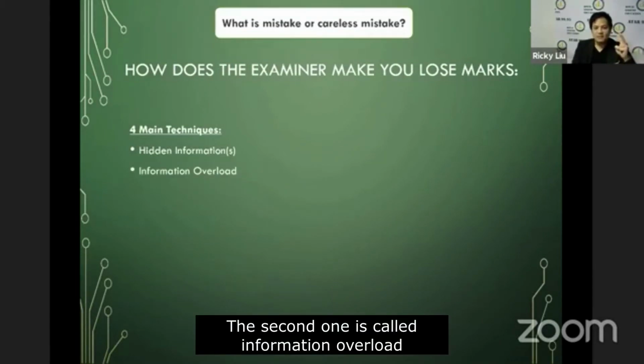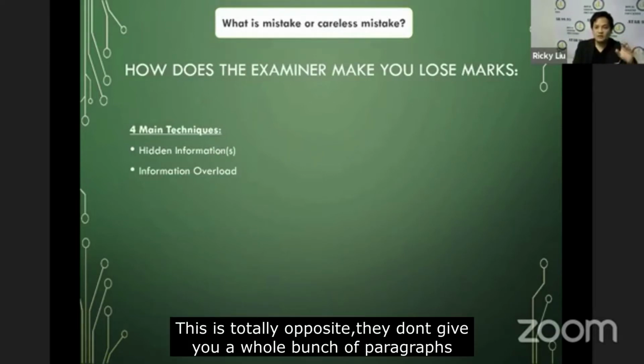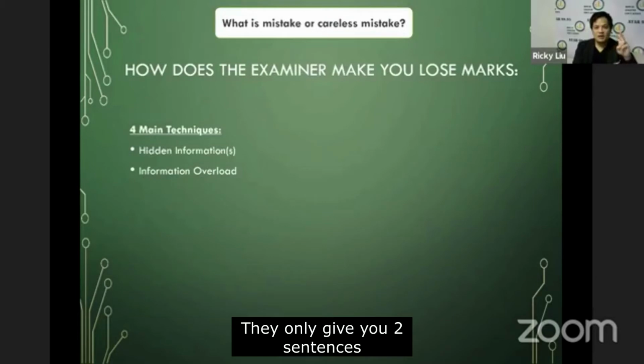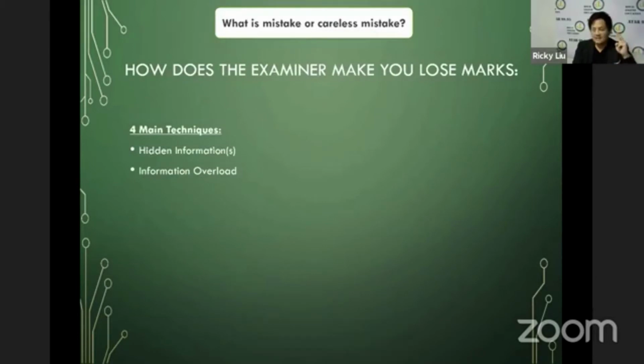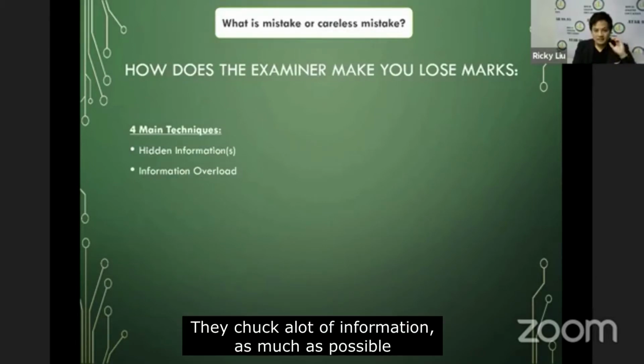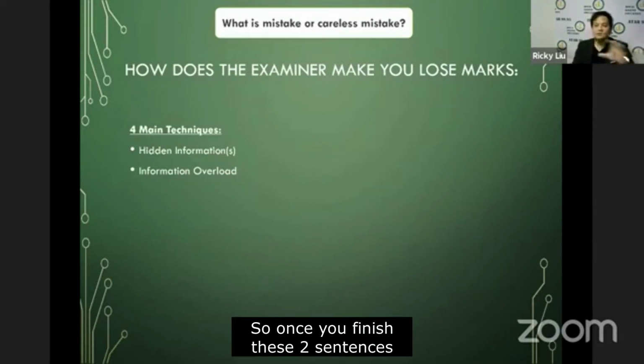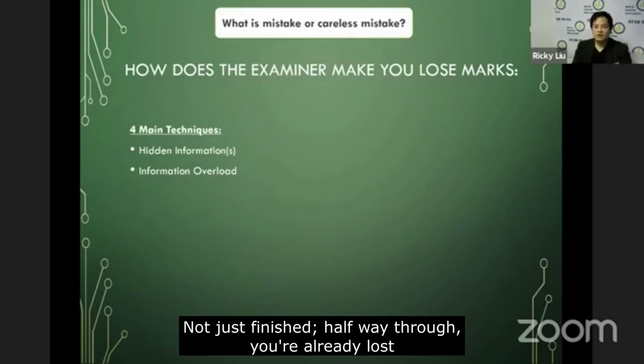The second one is called information overload. This is totally opposite. They don't give you a whole bunch of paragraphs. They only give you 2 sentences, but inside these 2 sentences they chuck in as much information as possible. Once you finish, or not even finish, halfway through, you're already lost.